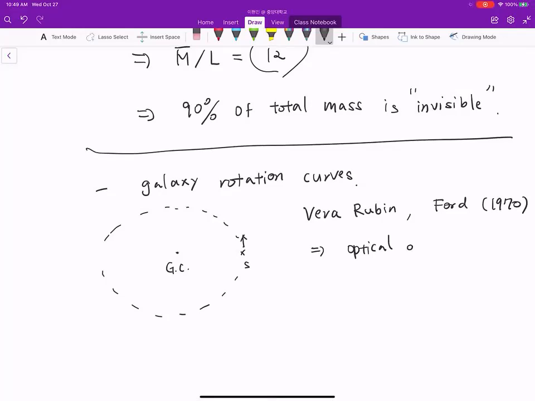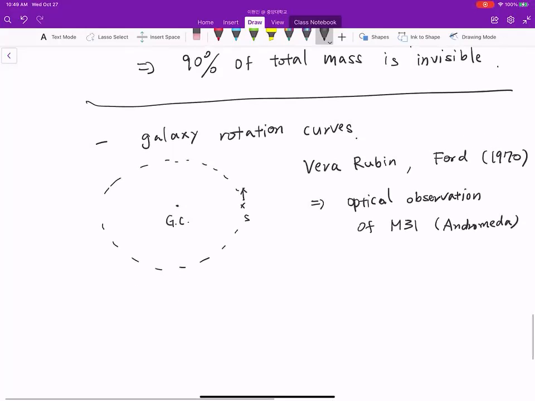Optical observation of M31, so this is the Andromeda galaxy, and its rotation.